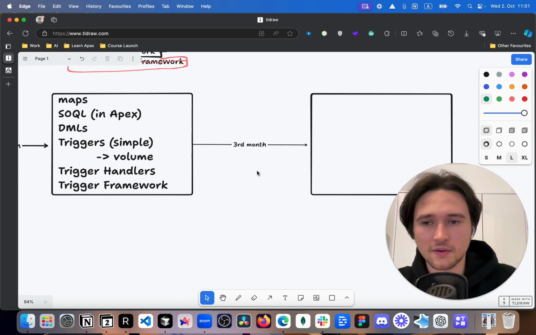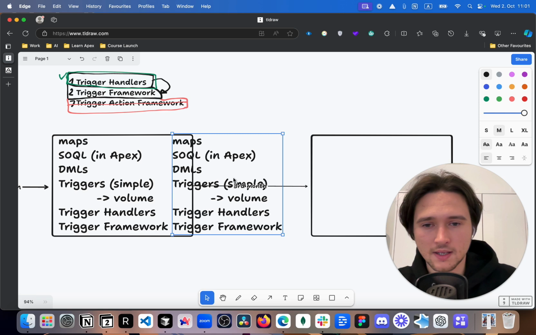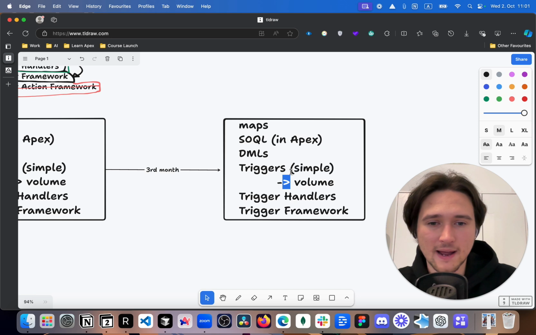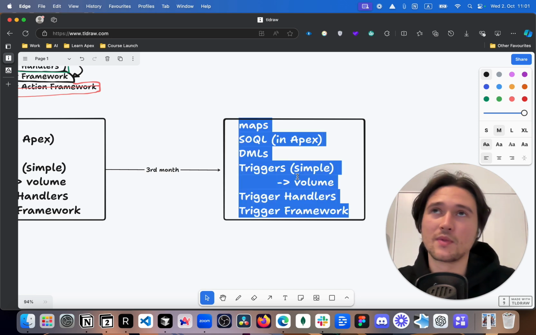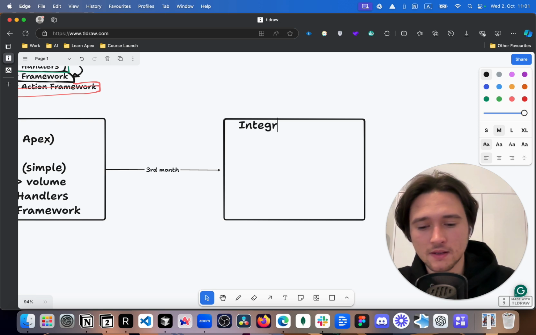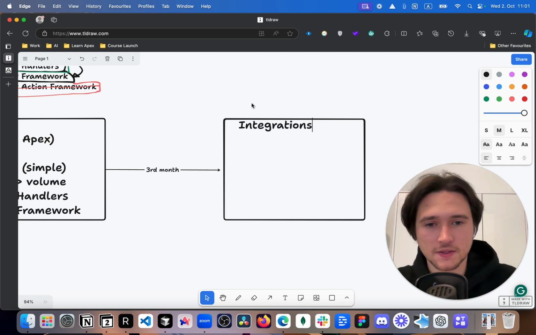Okay, so in the third month, I'm trying to sprint into integrations, right?